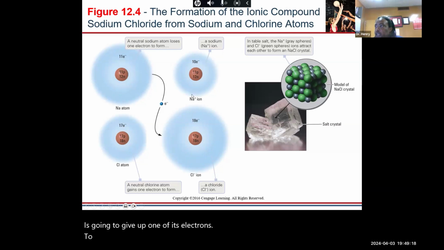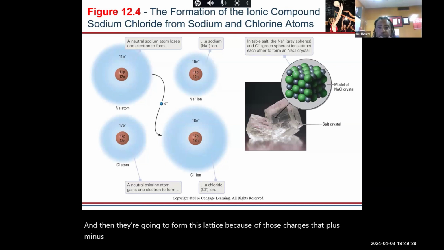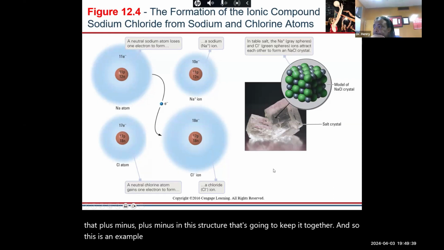So then your sodium is going to have a plus charge, and your chlorine is going to have a minus charge. And then they're going to form this lattice because of those charges, that plus, minus, plus, minus, plus, minus. You're just going to get the alternating of that plus, minus in this structure that's going to keep it together. This is an example of a salt crystal.